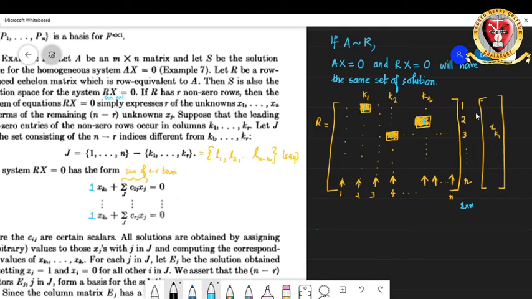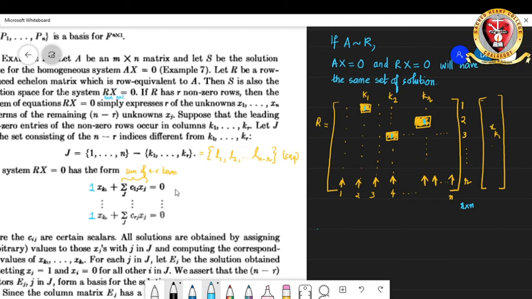So when we multiply, the first thing that comes is 1 into the k1th variable, that means 1 into xk1, plus all the elements coming from the indices in J. So you can write c1L1 xL1 plus c1L2 xL2 plus etc plus c1(n minus r) xL(n minus r) is equal to 0.